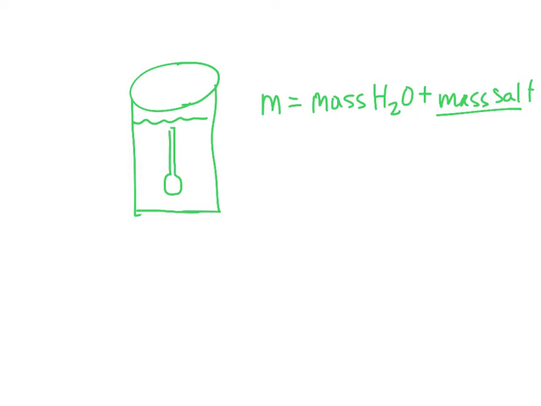No, but it still is going to absorb heat or release heat. So in that case, if you're dealing with a metal, the mass is just going to be the mass of the water, not including the mass of the spoon, because the spoon didn't become part of the solution. So just keep that in mind when you are doing these.